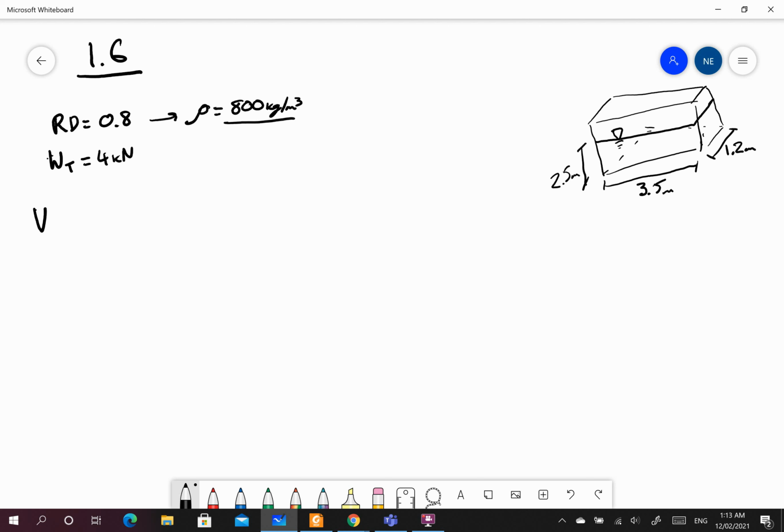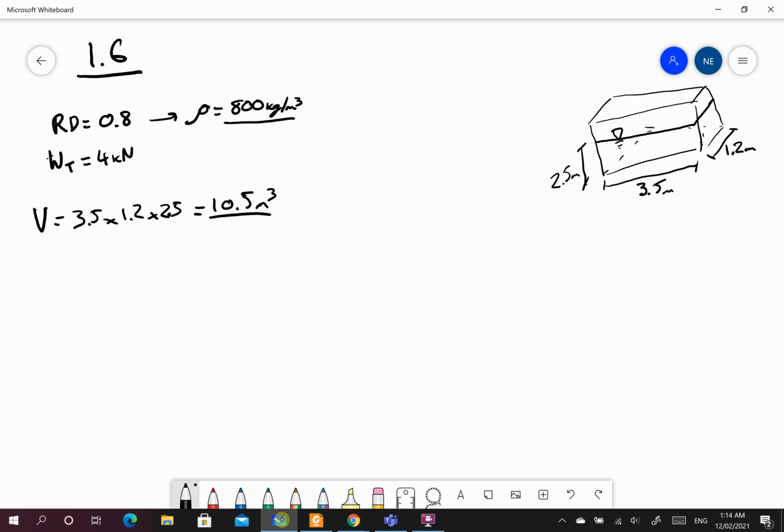I can now work out my volume, which is simply these three dimensions multiplied, base by width by height of the fluid, 3.5 by 1.2 by 2.5, which is 10.5 meters cubed.